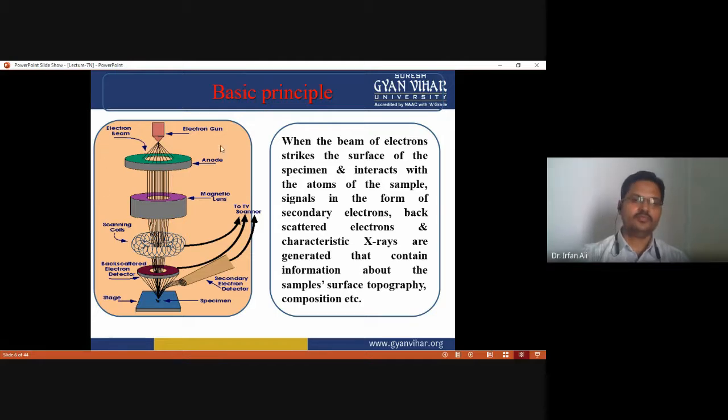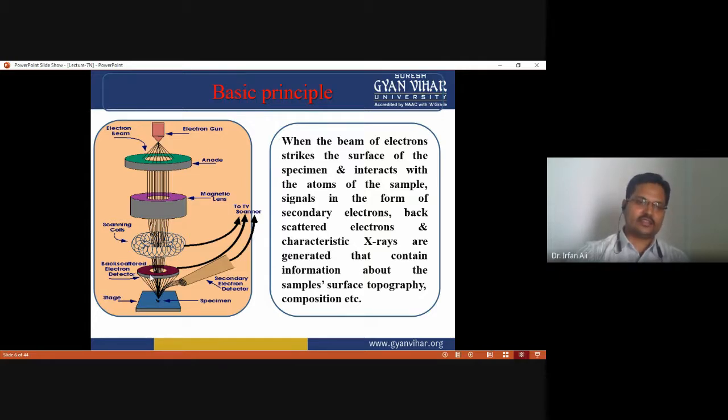In this figure, you can see the electron gun, which produces the electron beam. This is the anode, and this is a magnetic lens; the electron beam passes through the magnetic lens.